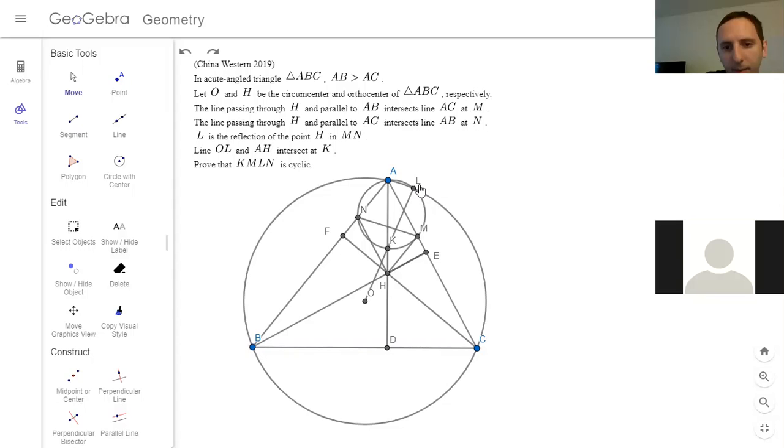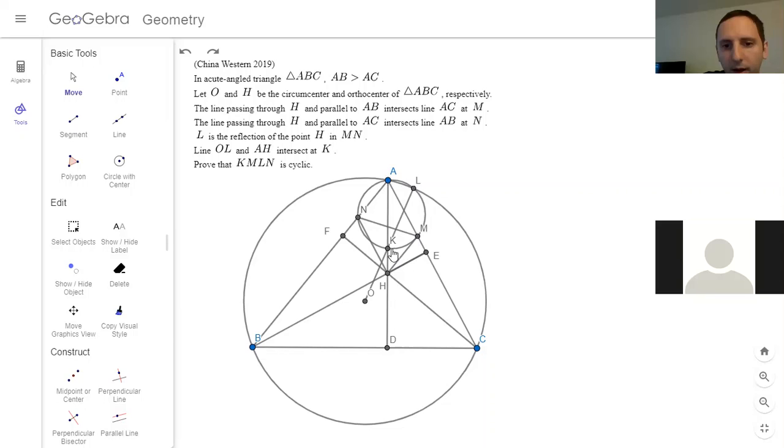Yes, it does, because A and L are symmetric about the perpendicular bisector of MN. That's true by symmetry. So L lies on the circle.